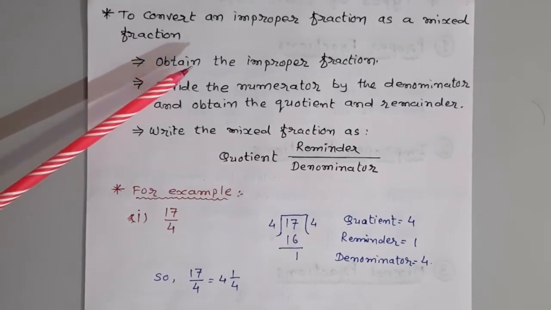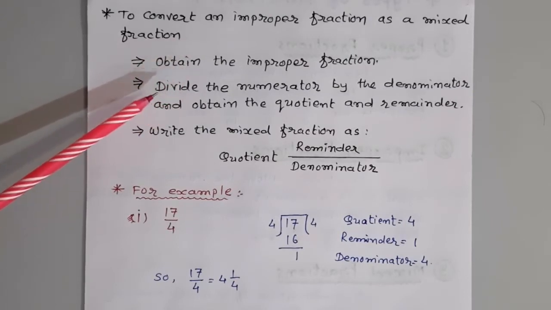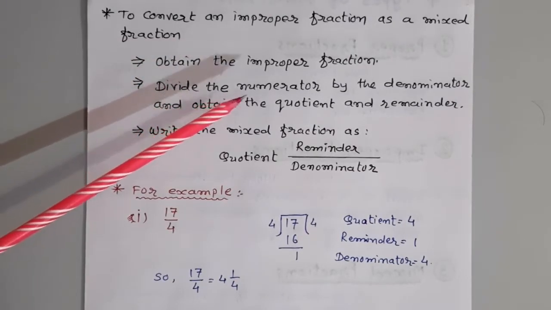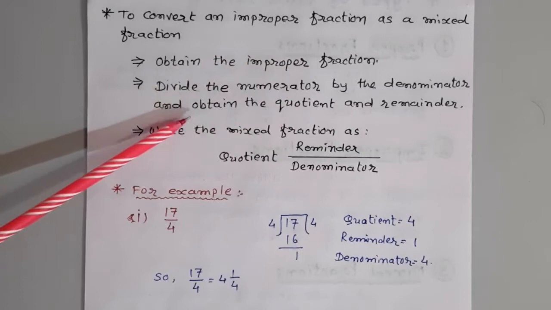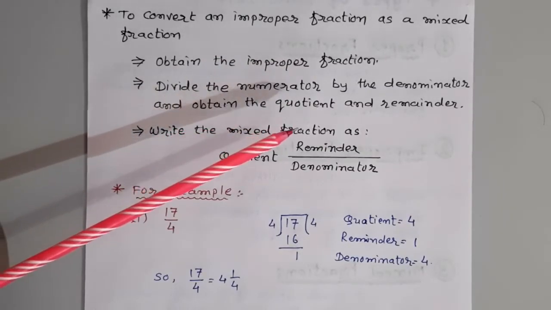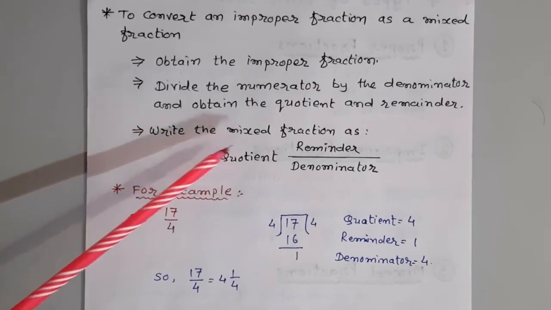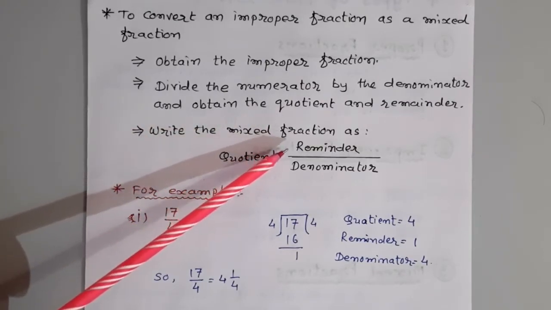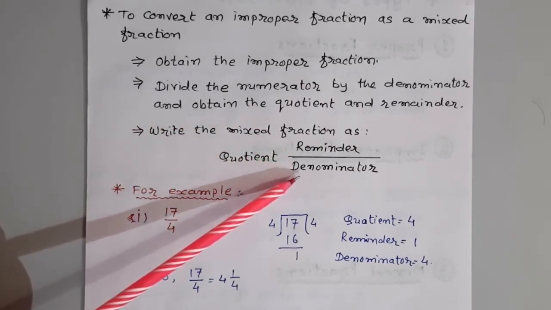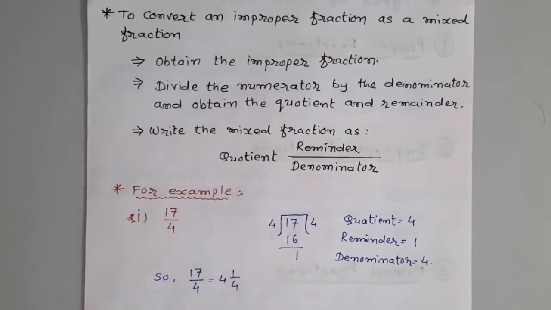First, obtain the improper fraction, divide the numerator by the denominator and obtain the quotient and the remainder, and write the mixed fraction as quotient, remainder upon denominator, like this.